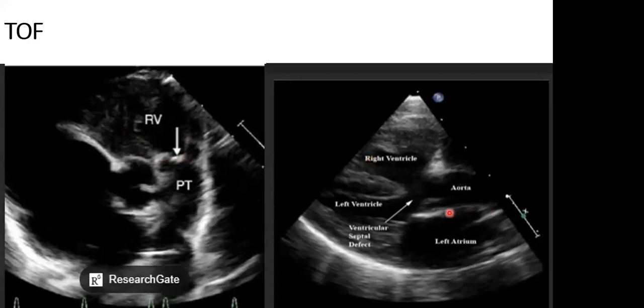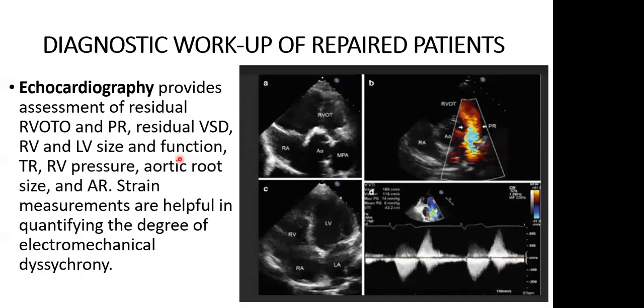And here, the second picture is showing us the parasternal long axis of the patient, where you notice a bridge in the ventricular septum, which shows us the VSD in this patient. And here it's showing us the pulmonary stenosis in this patient with TOF. Then here, the echocardiography is actually showing us the level of the right ventricular outflow tract.